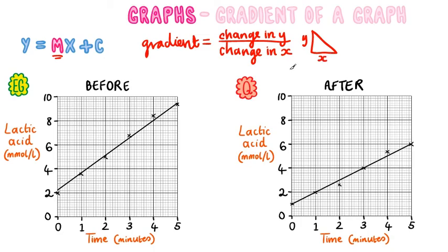Here's an example for the lactic acid produced in a person's muscles during exercise before they take part in a training program, and we're going to compare it to after they take part in a training program. So it's going to be useful to see how much the lactic acid increases by working out the gradient and comparing those two numbers. So we're going to make our triangle over here going across and down.